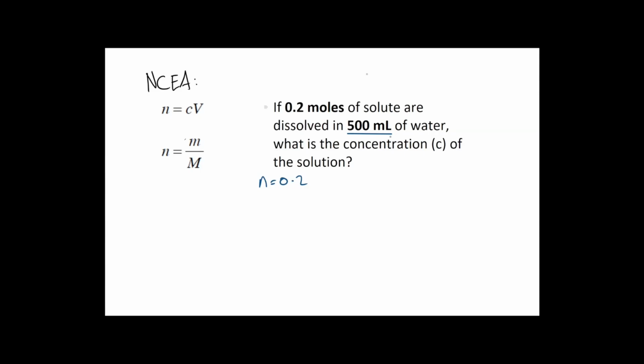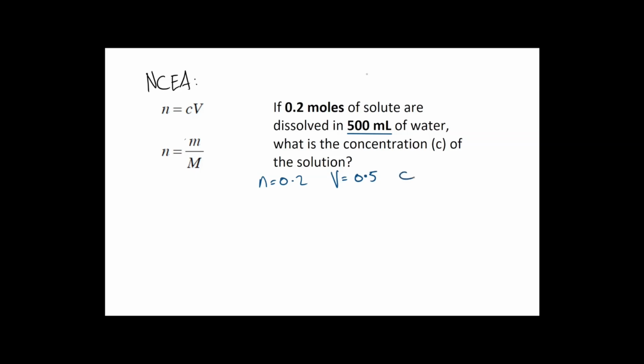But if you remember, milliliters is not the unit we want. The unit we want is liters. So 500 milliliters would be 500 times 1,000th of a liter. So the volume is going to be 0.5 liters.